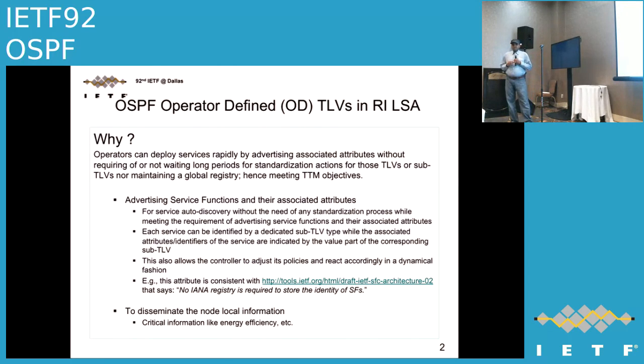For example, a backup service can be installed, or a load balancing instance can be created on the fly, and the corresponding attributes can be flooded and given to the controller easily. Another use case is node-critical information like energy efficiency, which can be passed to the controller. How the controller uses this information is out of the scope of this document. Next slide, please.